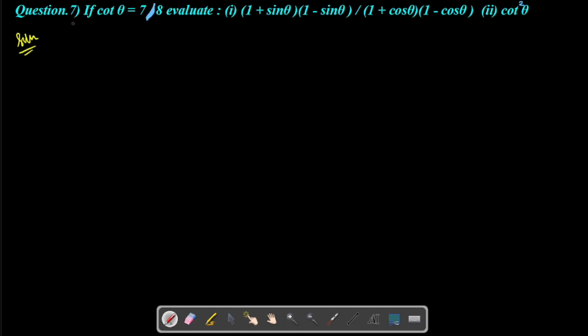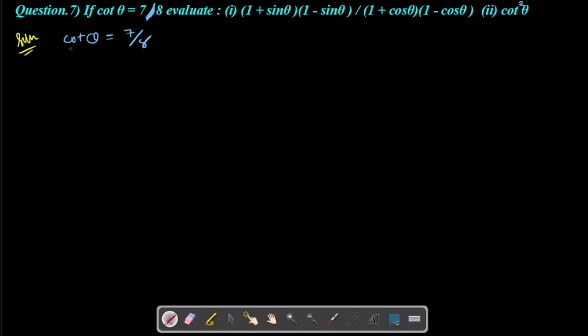Okay. So we have given that cot theta is equal to 7 upon 8. So first of all, what we have given, we just write it as it is. Cot theta is equal to 7 upon 8.